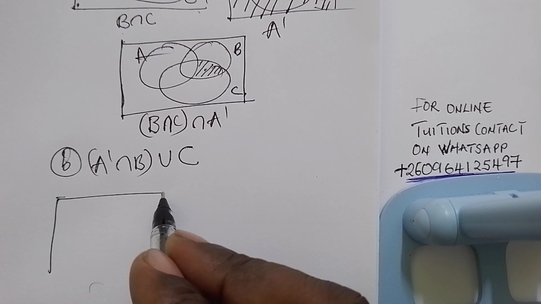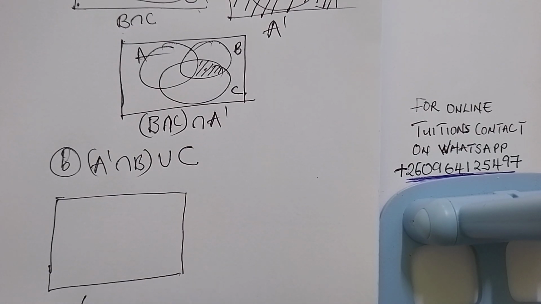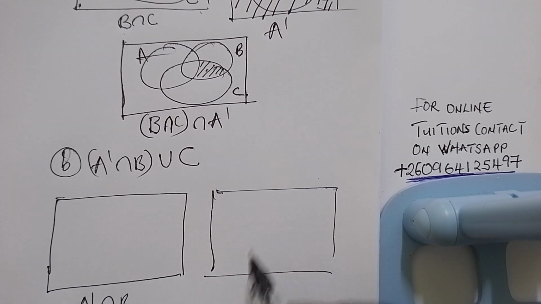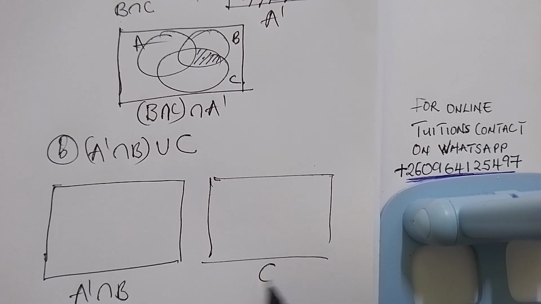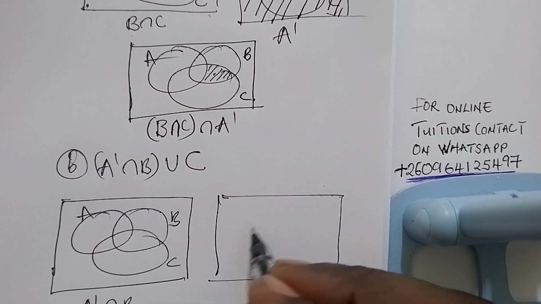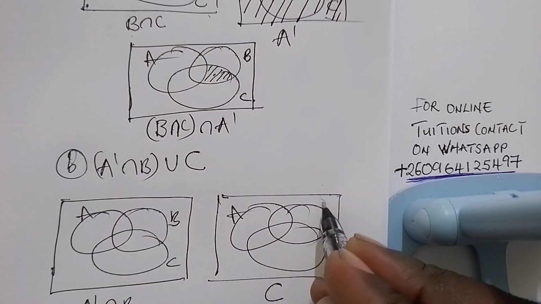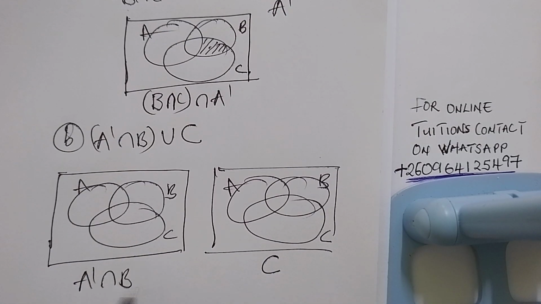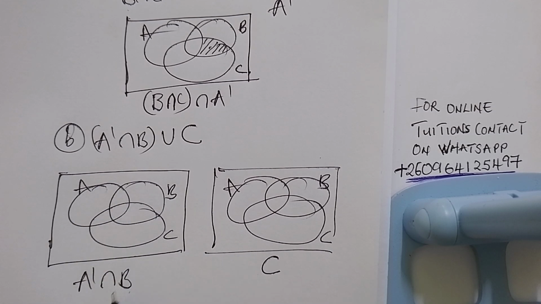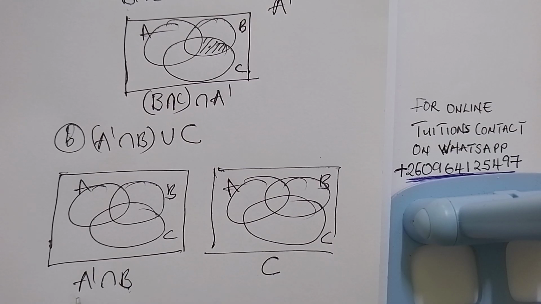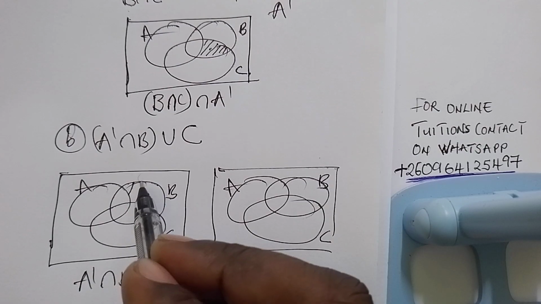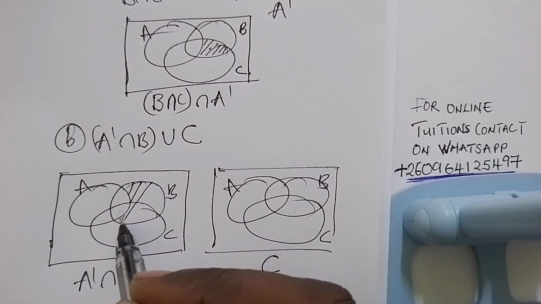So in the first Venn diagram here, I'm going to show A complement intersection B, and in the other Venn diagram we're going to show C, showing the three sets A, B, and C. So A complement intersection B: A complement is outside A but should also be in B. That's the meaning of A complement intersection B. So outside A but in B, this is going to be the shading.